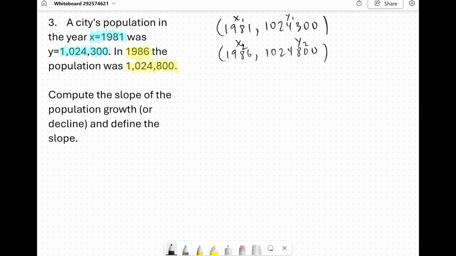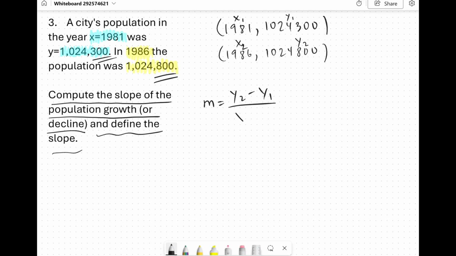The question asks us to compute the slope of the population growth or decline. Now we did discover that it grew to 800 from 300, and define the slope, what the slope means. So we will go ahead and use our slope formula, y2 minus y1 on the top, x2 minus x1 on the bottom, and let's go ahead and plug the numbers in.